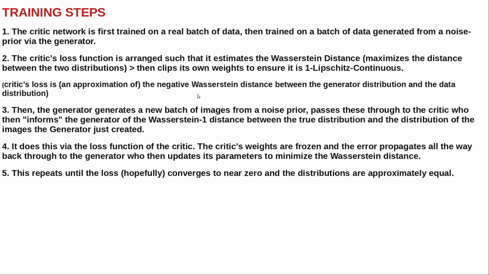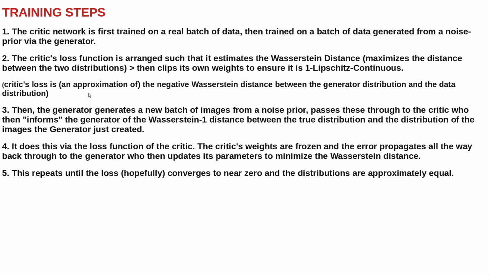Then the critic's loss function is arranged such that it estimates a Wasserstein distance, that is, it maximizes the distance between the two distributions, that is the probability distribution of generated images, the fake images, and also the distribution from the real image dataset. Then it clips its own weights to ensure it is 1-Lipschitz continuous, and clipping of its own weights is done through a hyperparameter by defining the range within which the weights should be limited.